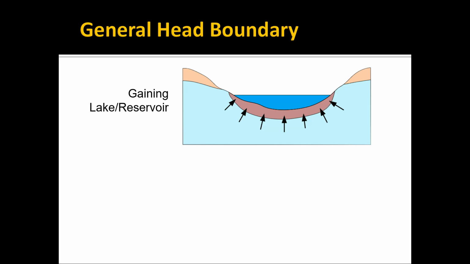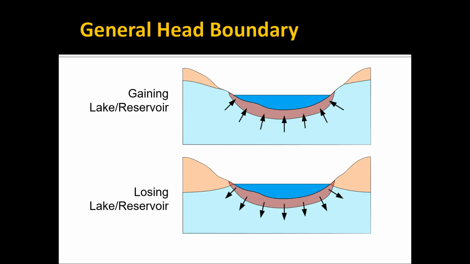So here's another way to look at it, with a more realistic drawing. So this would be a cross section through your lake, and if the water table in the vicinity of the lake is higher than the stage or head in the lake, then water flows through the lake bottom sediments into the lake.